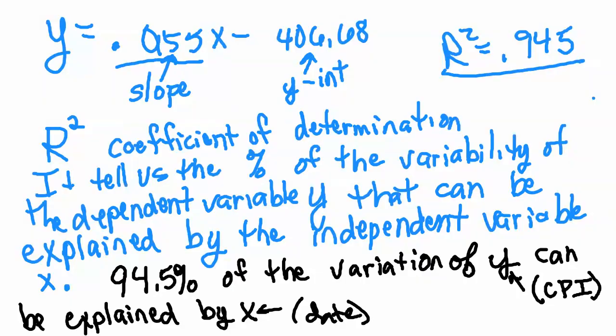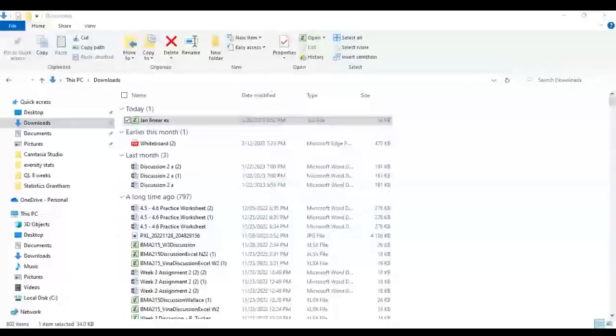And if we go back and look at this, you can see that every point is not on the line, but it's really close. 94.5% of those points are so close that it can be explained by the data. So 100% is a perfect fit, and this is really, really close. So our coefficient of determination is very high here in this example.